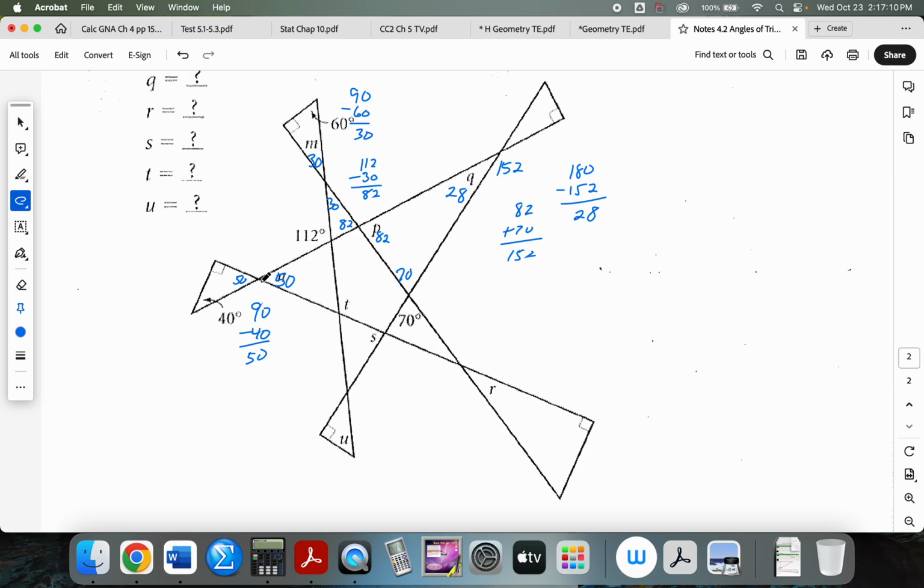Specifically, to find S, I'm going to look at this triangle, because for that triangle, S is an exterior angle. And the exterior angle is equal to the sum of its two remote interiors. All I've got to do is add the 50 and the 28. That's 78 degrees for S.